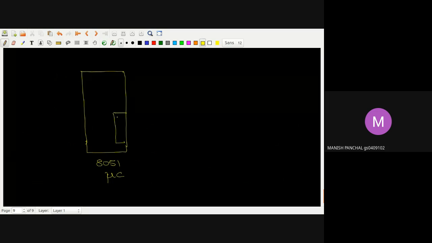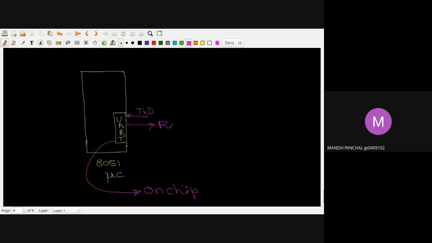Okay, so I'm saying UART. This is on chip, the primary thing is called on chip. Obviously there will be one pin available, called TXD. The TXD stands for transmit data, and the RXD.